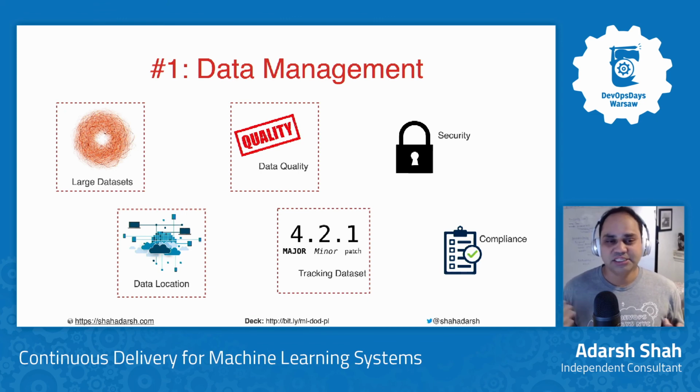As I mentioned in the experimentation phase, if you want to try different data sets and see which one performs better in terms of training, then you should be able to go back to a previous version if that one is better than the current version. So tracking and versioning those helps in going back and forth during the experimentation phase.